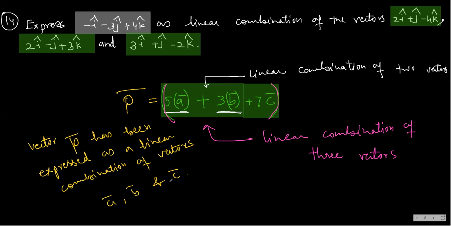In order to make you comfortable, I took the numbers as 5, 3 and 7. But in general, remember, it could be any real number, positive or negative.